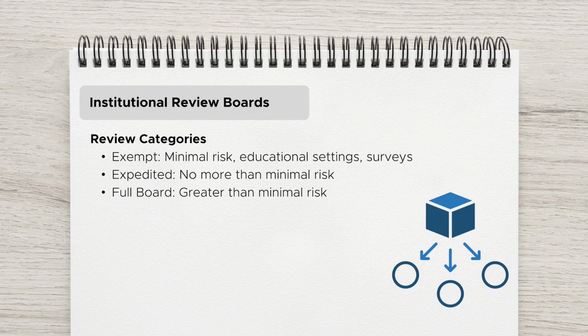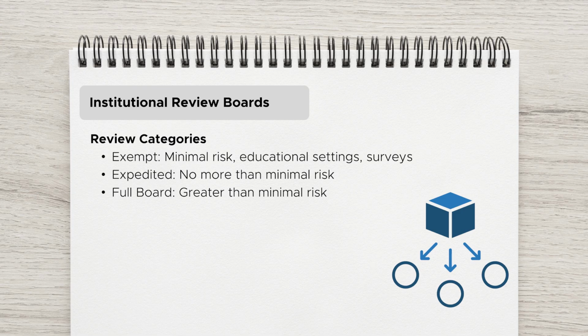That happens for very few studies and only in studies where there is minimal risk. In educational settings, surveys for example, they consider studies conducted to have very minimal risk. Most of these studies are then given an exemption from a full review.